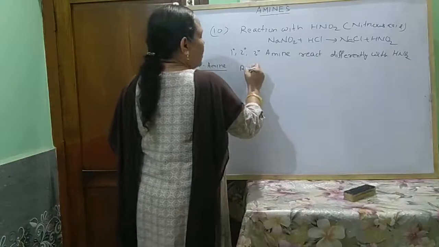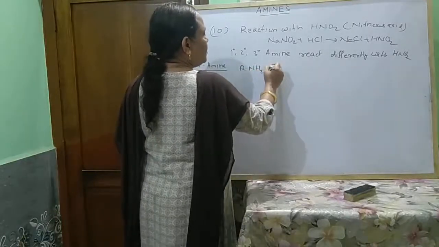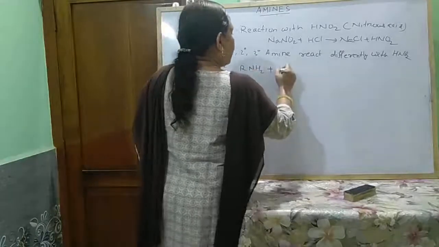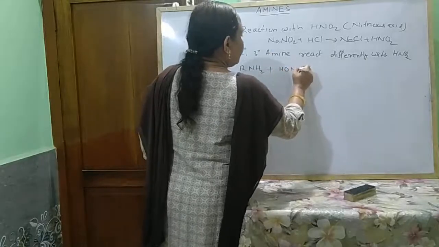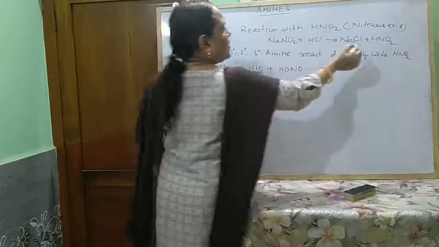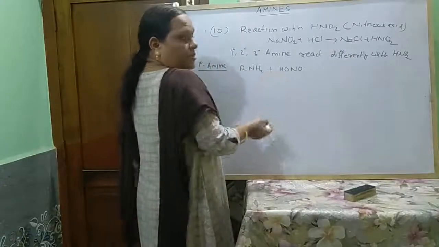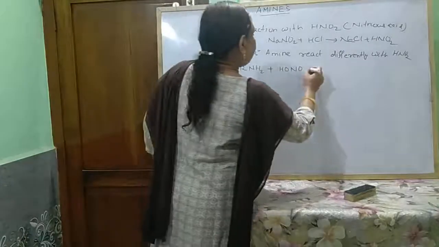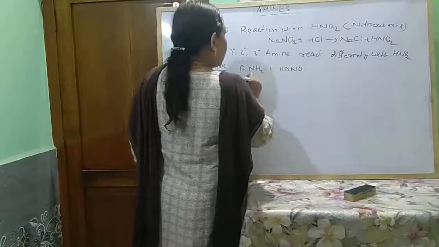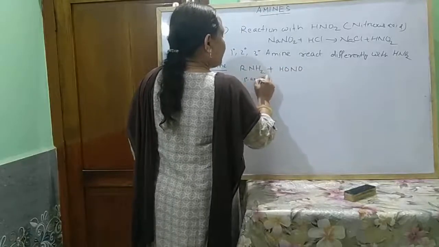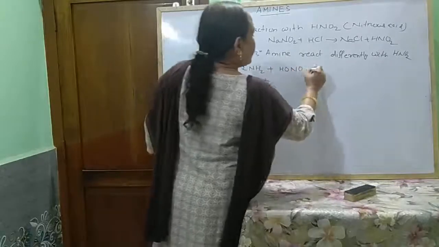RNH2 plus HONO. To simplify, I am writing HONO so that it becomes easier to remember. RNH2, this is a primary aliphatic amine, reacts.